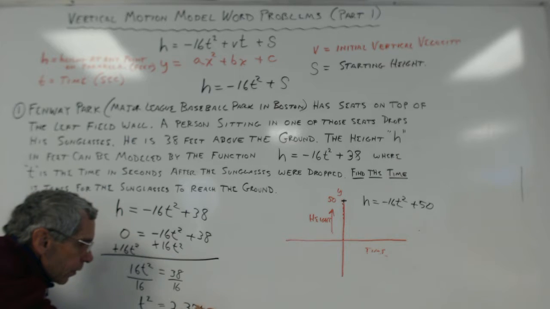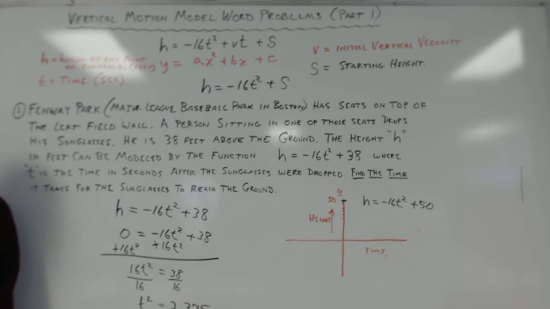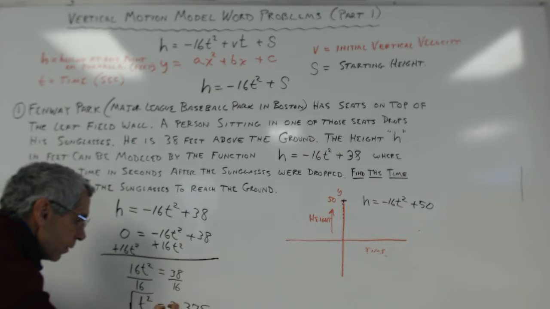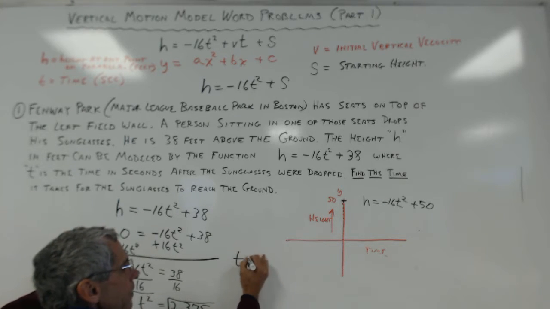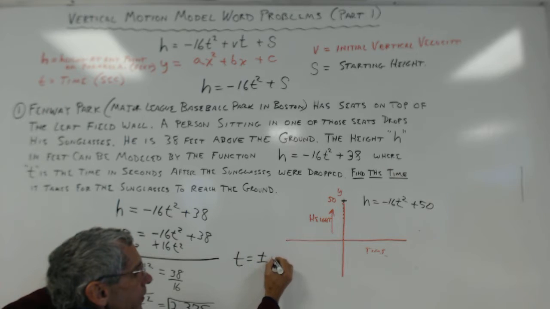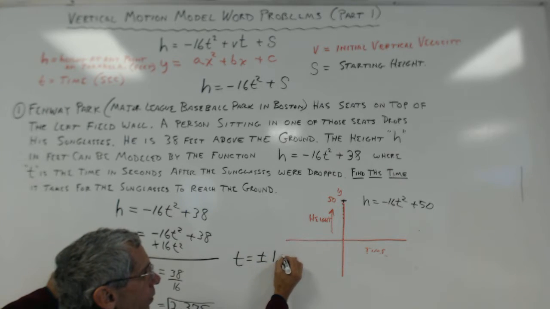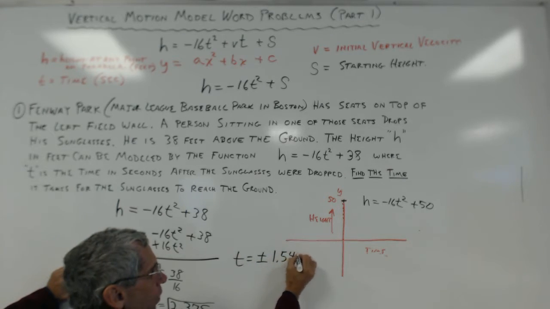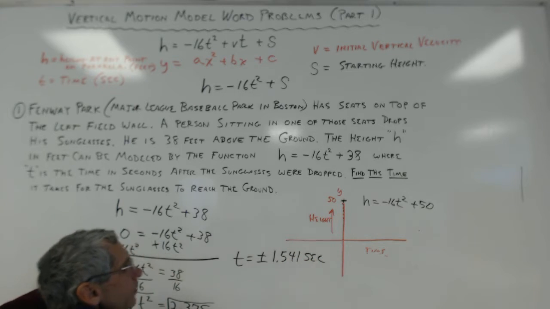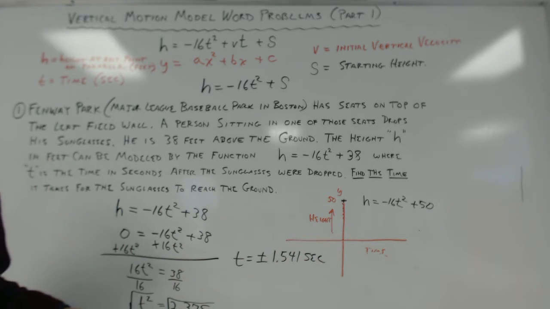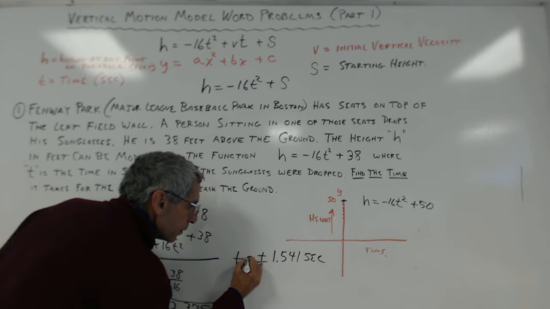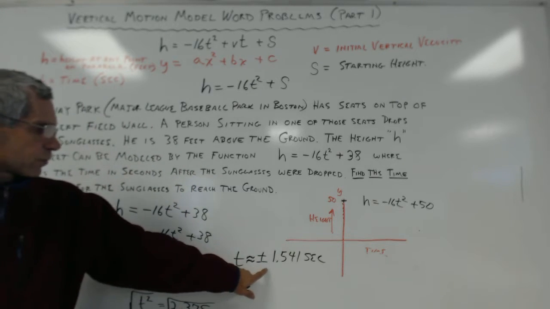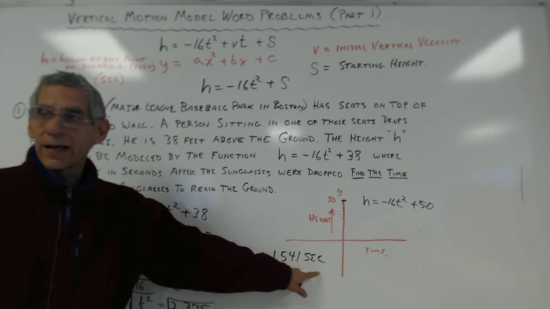Okay, now what do I do? Square root it. And that's 1.541. So t, time, is equal to plus or minus 1.541 seconds. Approximately, right? Approximately, not exact. Plus or minus 1.541 seconds.